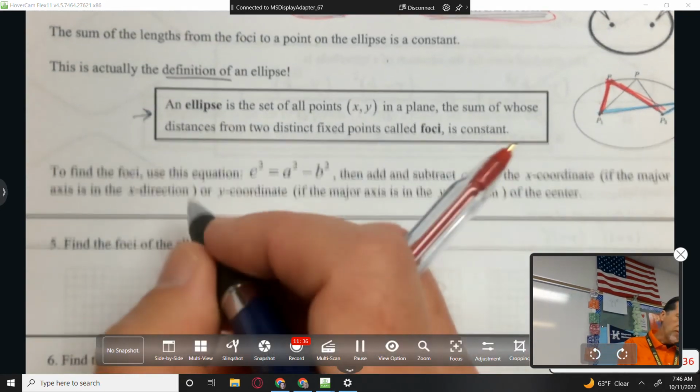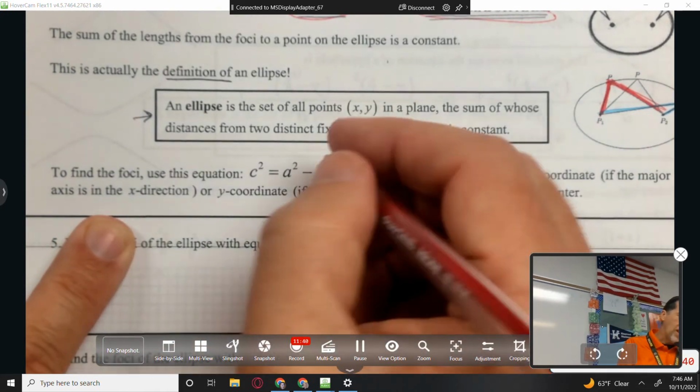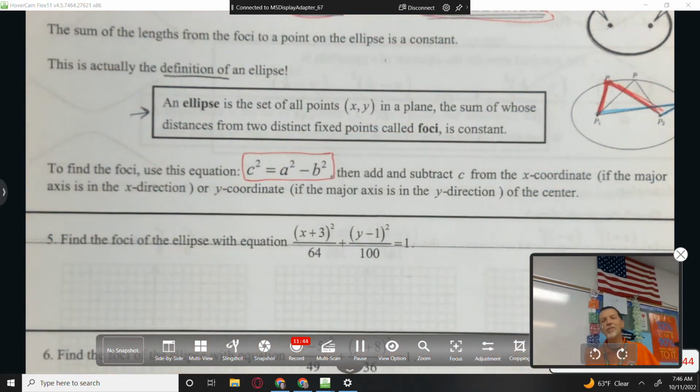We do want to find the foci, though. To find them, you use this equation. Now, this equation throws people off, because you tell me, why would that equation throw people off? What looks familiar except not about that equation? Right, it's like, oh, that's Pythagorean, yeah. a squared minus b squared equals c squared.